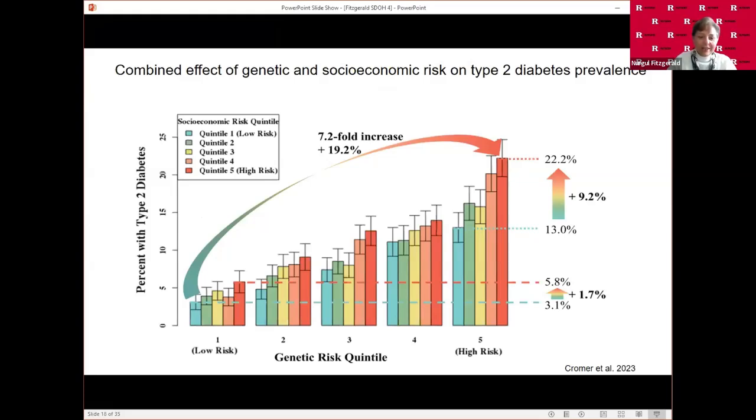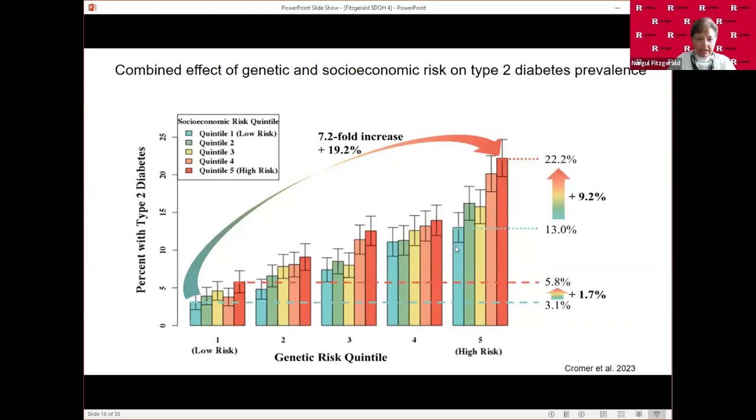But they examined the differential effects of the two, socioeconomic status and genetic risk. So in the horizontal line, we are looking at the genetic risk going from the low risk to the high risk.